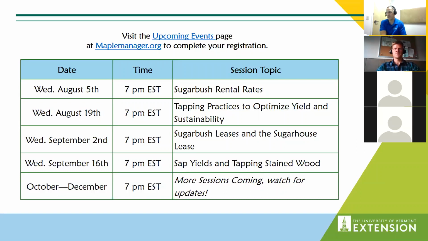I think Mark's going to do sap yields and tapping stained wood on the 16th of September. And then October, November, December, we've got some more presenters that'll talk about digital entrepreneurship, online marketing. I think we'll talk about Sugarbush appraisals and real estate valuations as well. There was a question about profitability. There'll be another presentation coming up that will talk more on specific economics and cost of production.